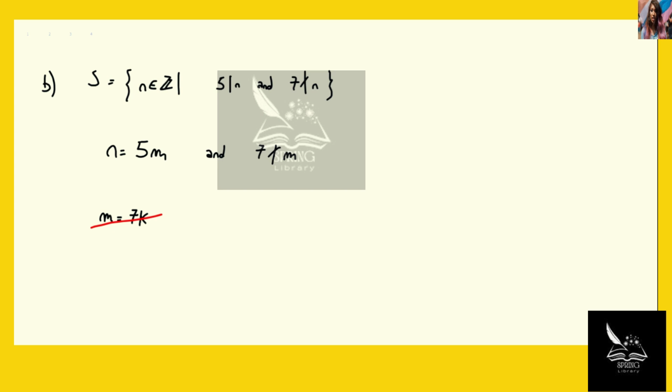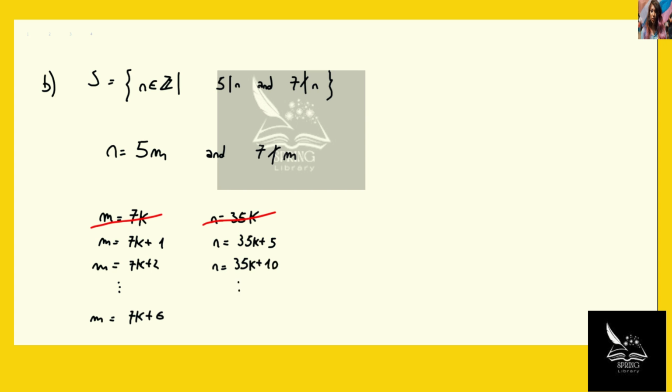So there are the multiples of 7 which we are excluding, and then we have the multiples of 7 plus 1, the multiples of 7 plus 2, all the way to the multiples of 7 plus 6. And they correspond to, well, if m is 7 times k, that's 35k, but we're excluding this case. Then we have 35k plus 5, 35k plus 10, all the way down to 35k plus 30. And there are exactly 6 cases.